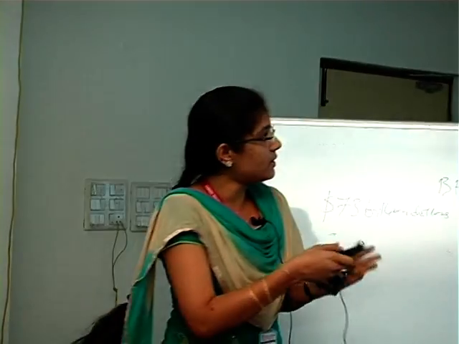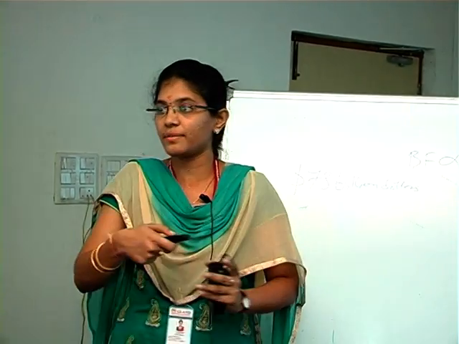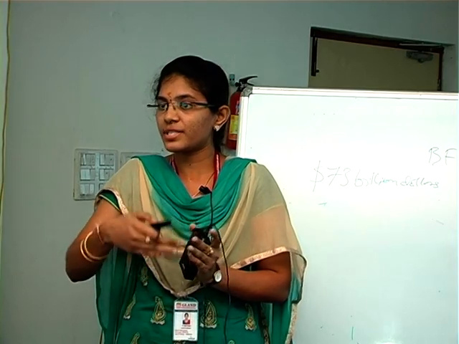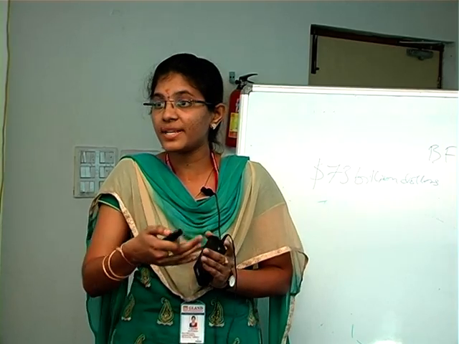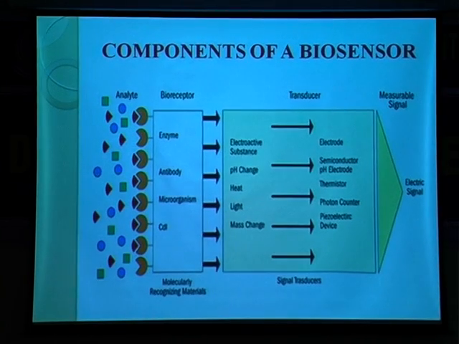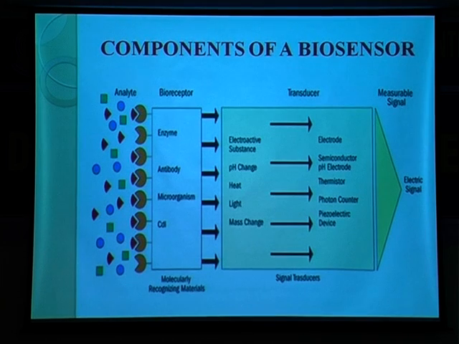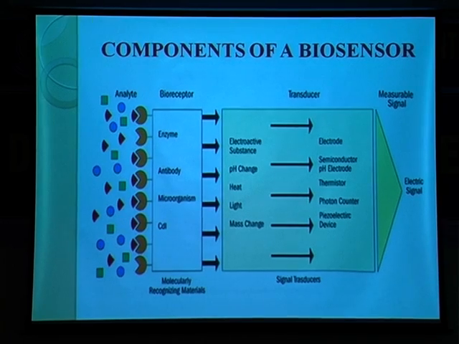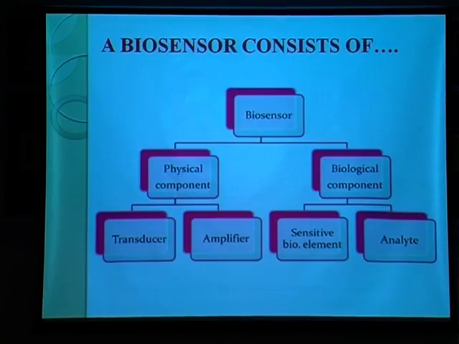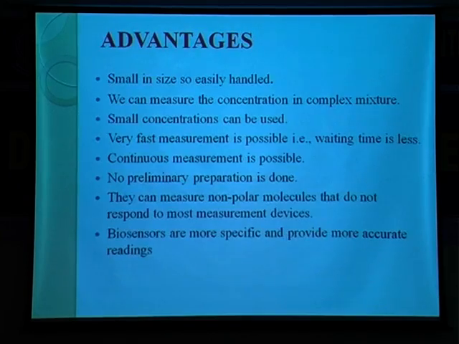The reaction gives a product with changes in physicochemical properties, and the transducer detects these changes, which may be in the form of heat, light, mass change, or light absorption. The transducer converts the changes into electrochemical signals that are measured by the detector. This is the biosensor.